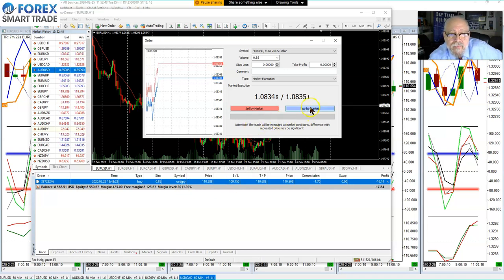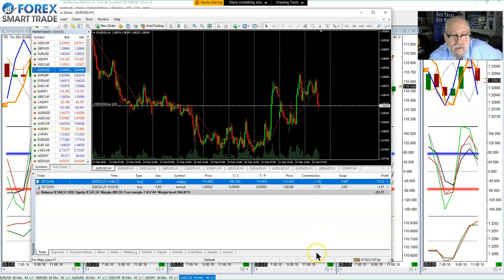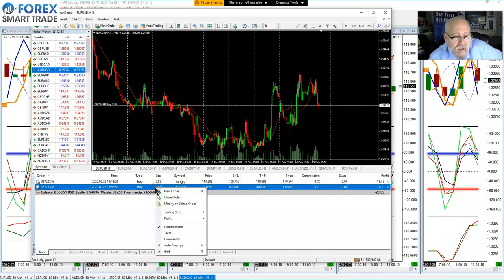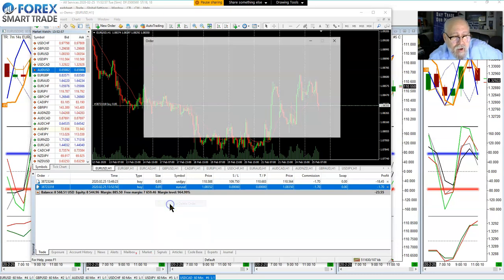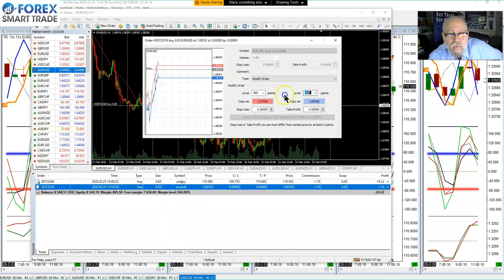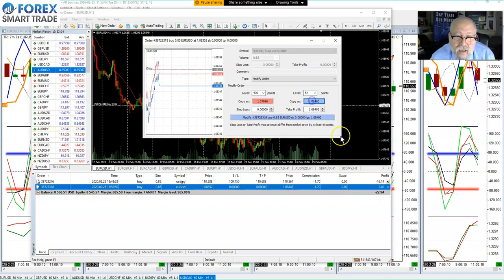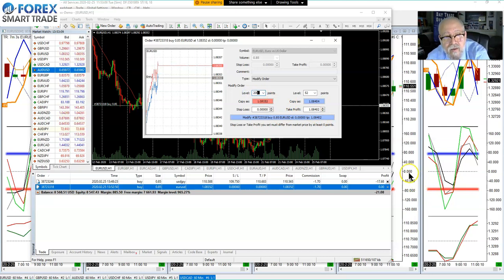So I'm okay. I am going to do a buy, and then I am going to right click along the line to highlight it. I'm going to go to modify. We want this to be 5 pips, and this will be 4 times that, so it'll be 20 pips. So when I put 20 in, because this scale is in points, I add an extra 0 to convert it.